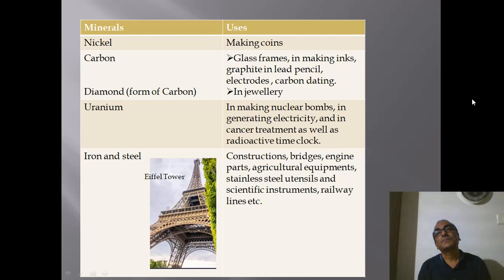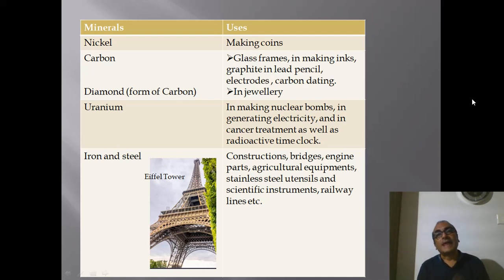Other than that, carbon in the form of graphite is used in pencils. It's used as electrodes. It's used in glass frames made up of carbon, which are more flexible and durable. And also carbon dating, some isotopes of carbon are there which have radioactivity, and these are used in identifying the age of fossils.